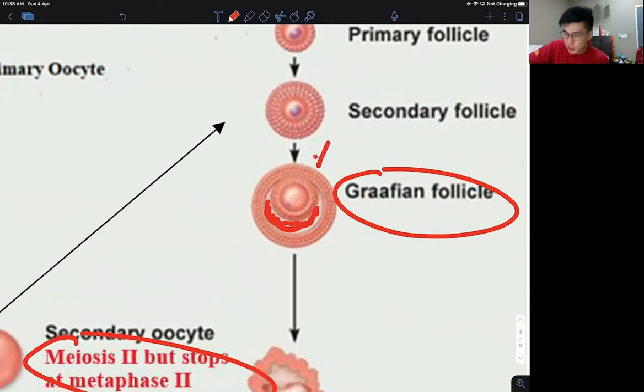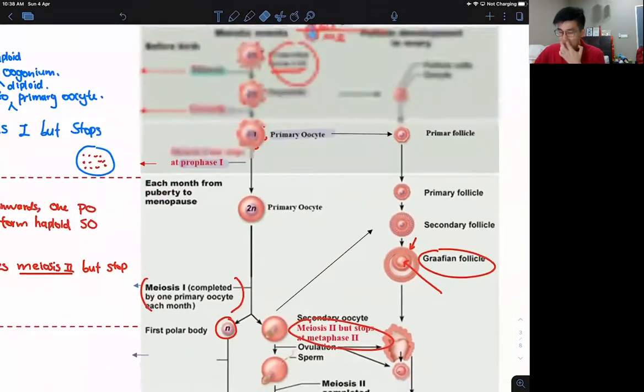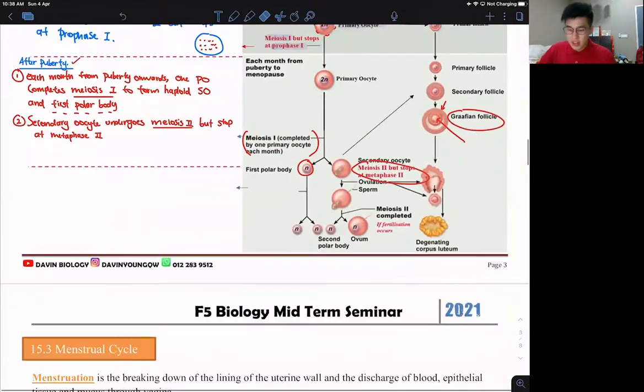Okay, so this is the Graafian follicle surrounding the secondary oocyte that has stopped at meiosis 2, metaphase 2 inside it. Understand? Whenever you see empty space there, that is the Graafian follicle and the secondary oocyte that stopped. So we're going to add that point over here.